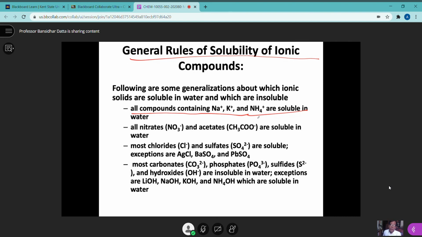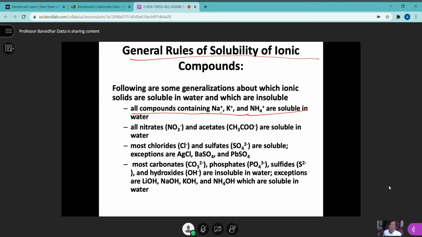Must remember, all nitrates and acetates are soluble in water. So for example, if you take potassium nitrate, aluminum nitrate, calcium nitrate, they're all soluble. Likewise, sodium acetate, calcium acetate, gallium acetate, any kind of acetate compound you take, they're all soluble in water.